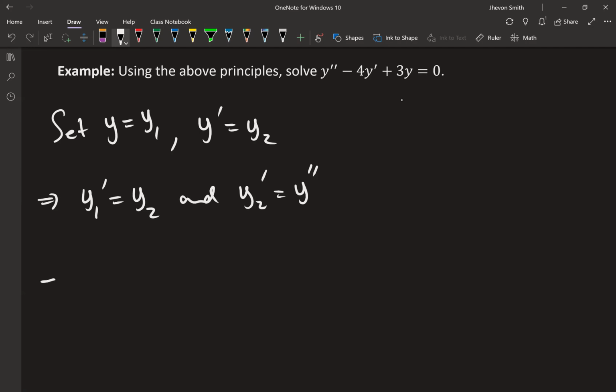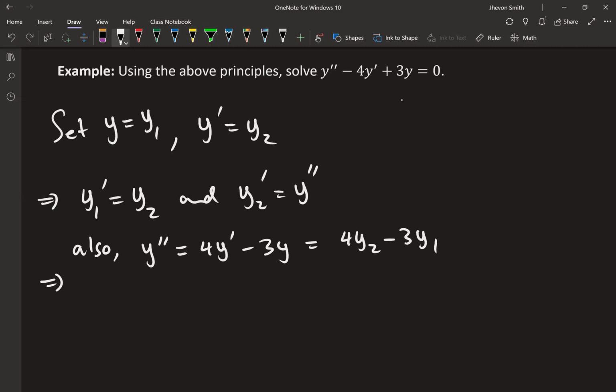Also, y double prime is equal to 4y prime minus 3y, which by the above notation is just 4y2 minus 3y1.